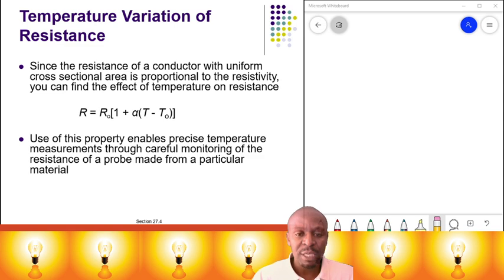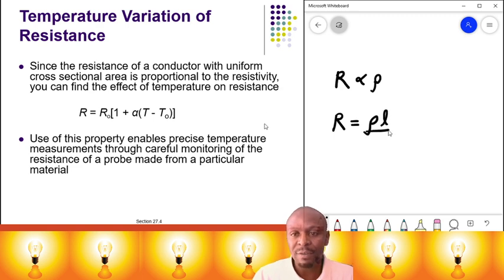Now, because the resistance is directly proportional to resistivity, from that equation R equals rho times L divided by A, the resistivity from the previous slide can just be replaced by the resistance, and all the other terms will just cancel, and then we can see that R is given by this equation.